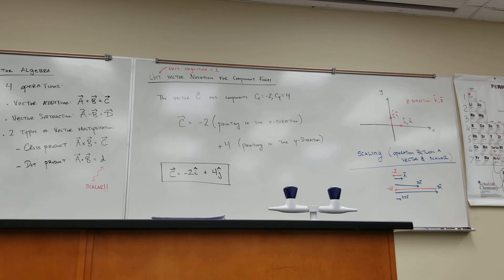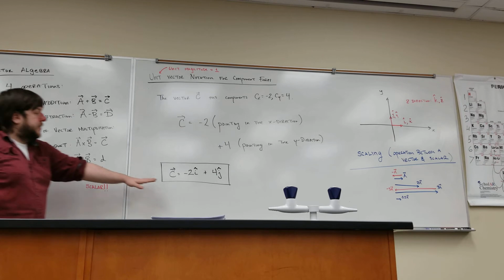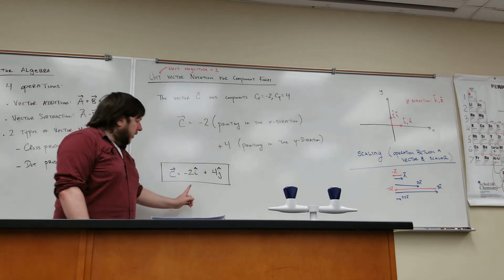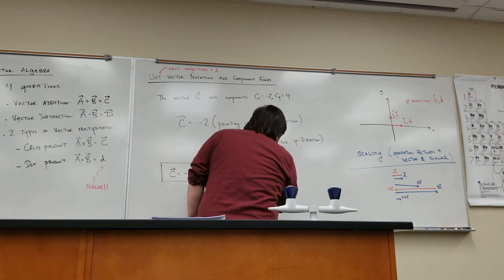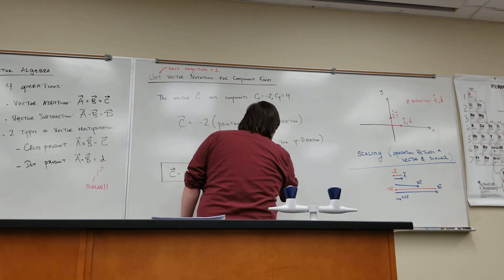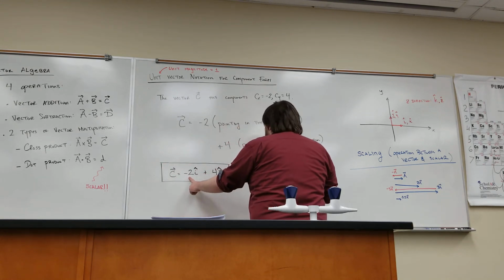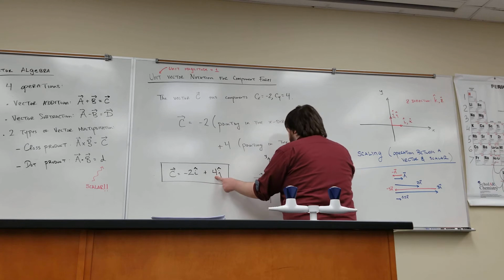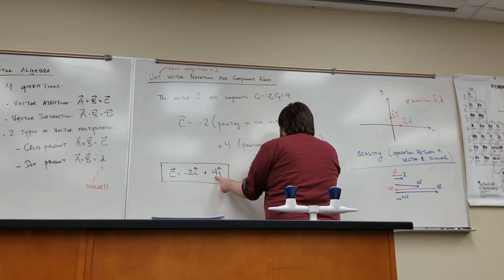Every single vector you're going to break down into these unit vectors so that you can read off their directions simply. All that this tells you is that when you draw your coordinate system, C points 2 units in the negative x direction, so it's -2, and it points 4 units in the positive y direction.